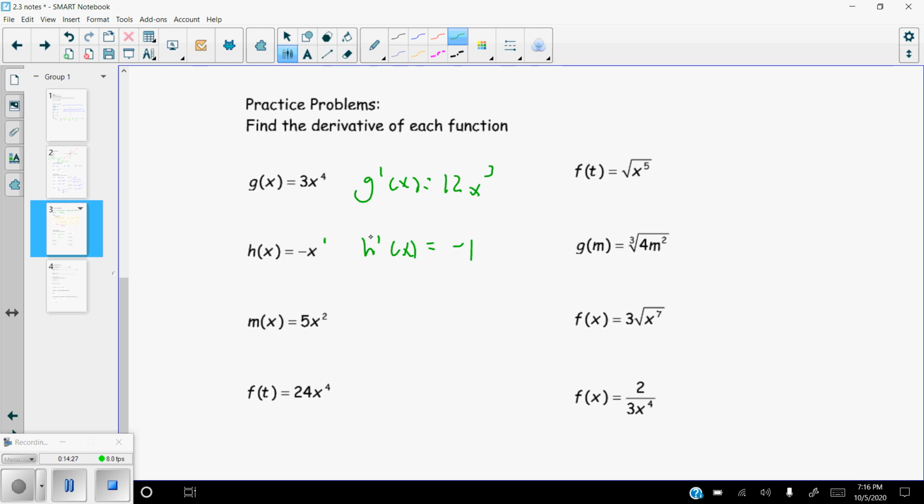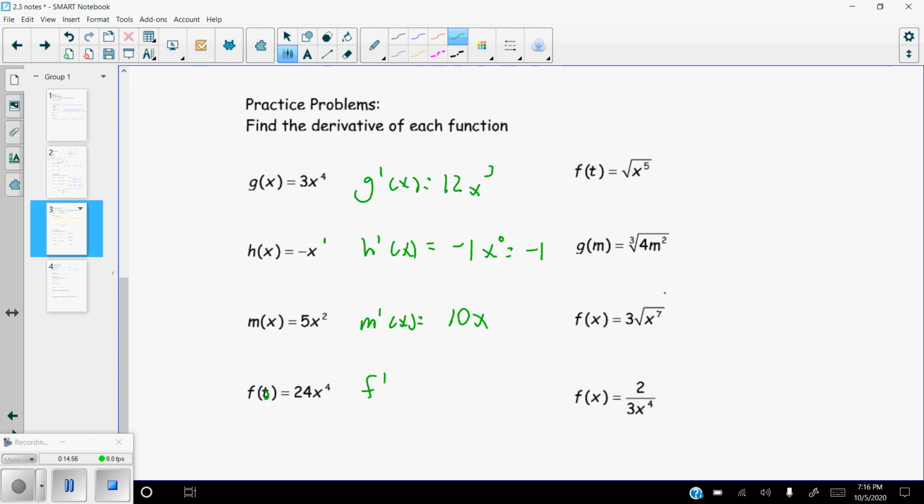So x to the 0 power, anything to the 0 power except for 0, is 1. So really that is negative 1 times 1, or just negative 1. So the derivative of negative x is negative 1. That should make sense because the derivative of x was positive 1, so just throwing a negative out front. Okay, m prime of x, bring the 2 out to the front, reduce the power by 1, 10x.